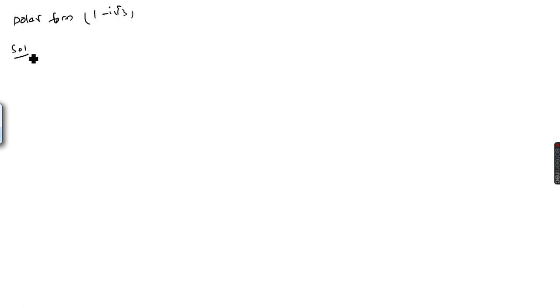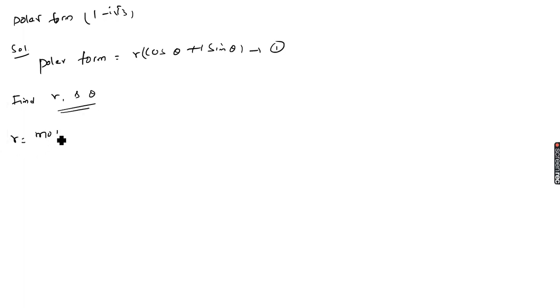So the solution is, first you write it as a polar form. What is the polar form? That is r into cos theta plus i sin theta. First we need to find r and theta.